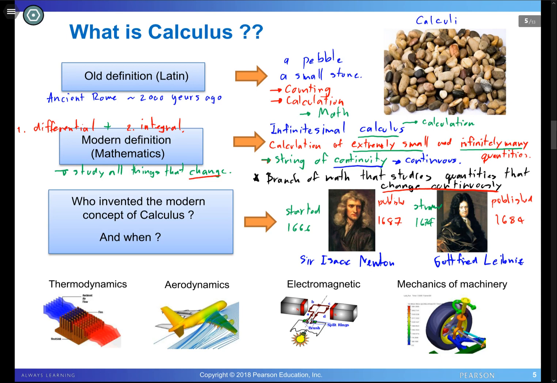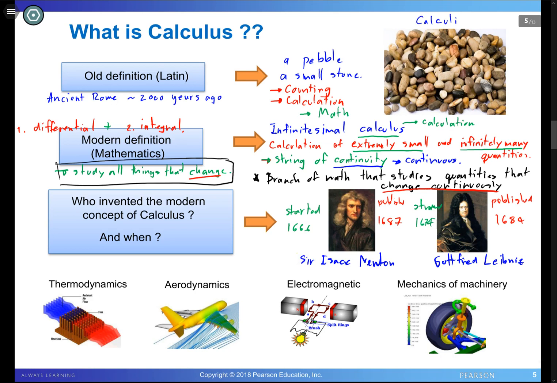All right, so at this point, you know the old definition of calculus, you know the modern definition of calculus, and you know who invented calculus. Let's talk about why we need to take calculus. As I told you, the modern definition of calculus is the study of all things that change. Anything that changes continuously can be explained by knowing calculus, and of course, this idea is present in various fields of engineering.